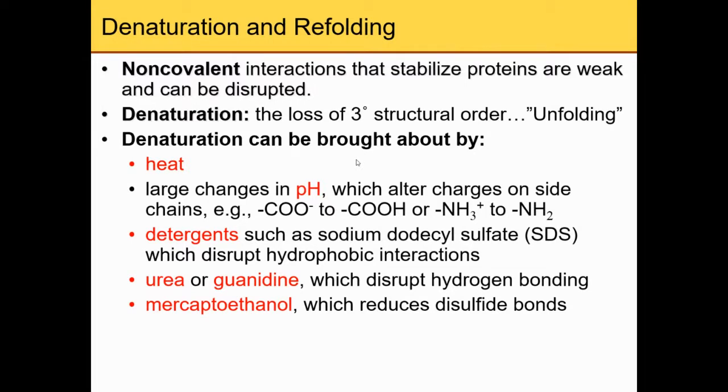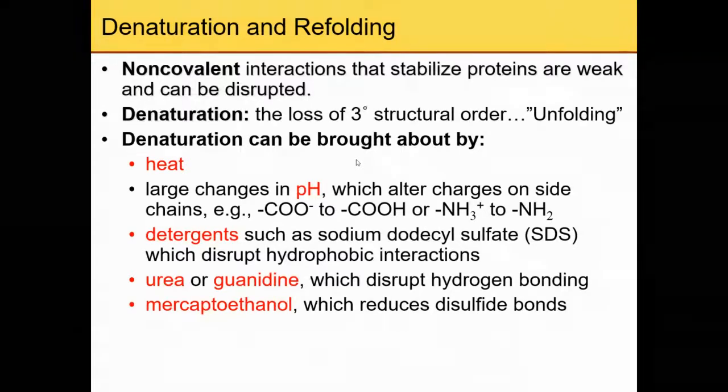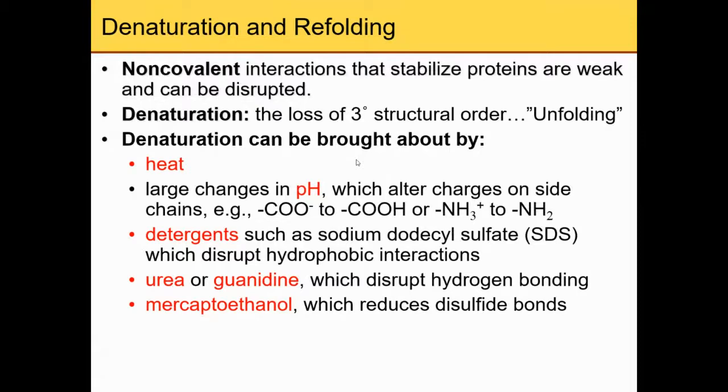And then the reducing agents, like mercaptoethanol or DTT, can reduce the disulfide bond between the two cysteines. So these are commonly used techniques to denature a protein, and also the techniques that you use to treat the protein before you perform gel electrophoresis.